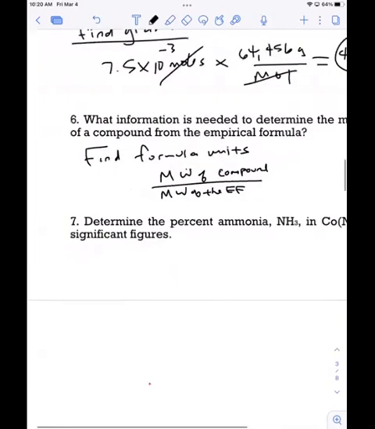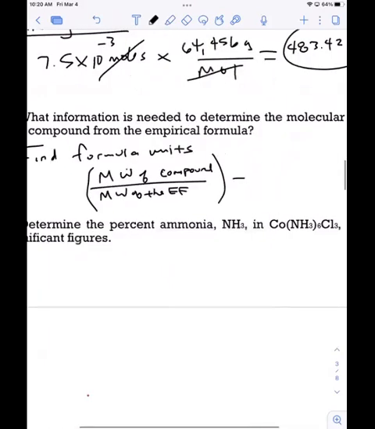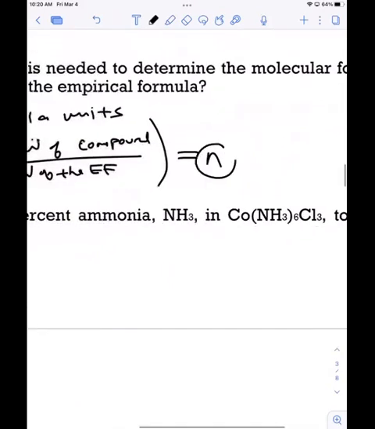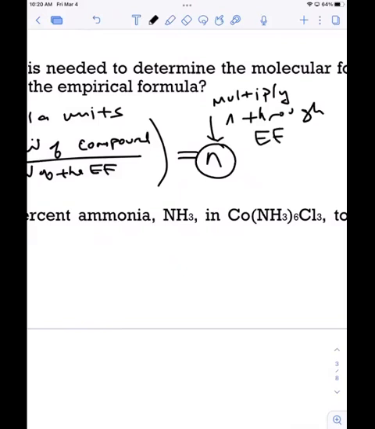That'll give us n formula units. So you need those two molecular weights. And then you take that n number and multiply it through the empirical formula to give you the molecular formula. Is that right?